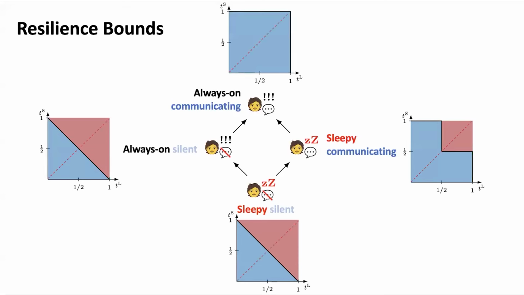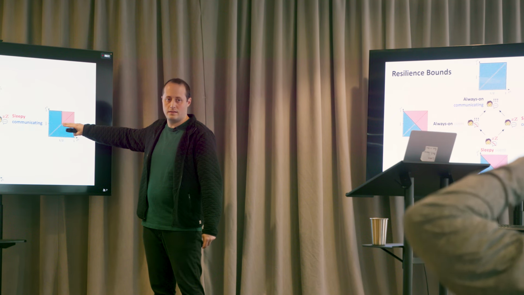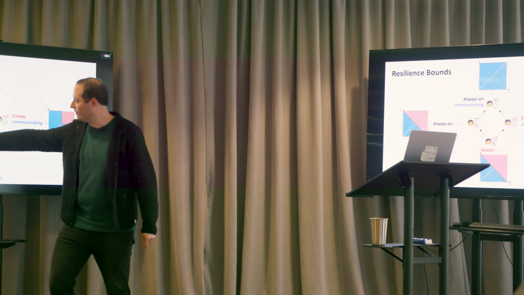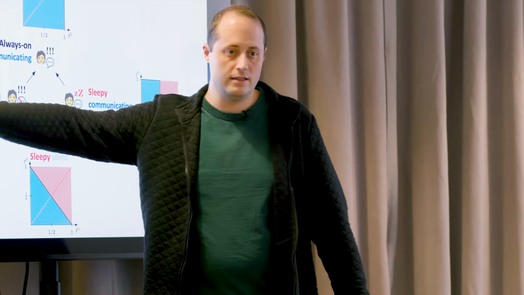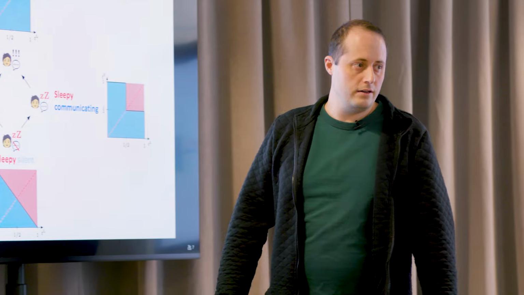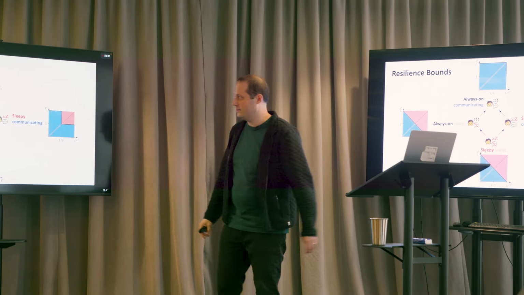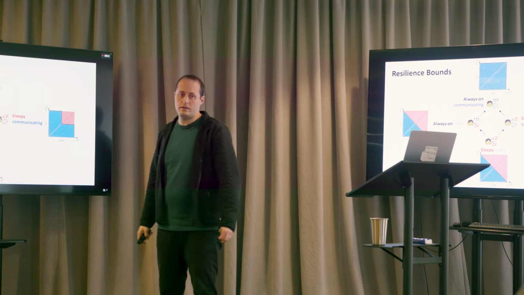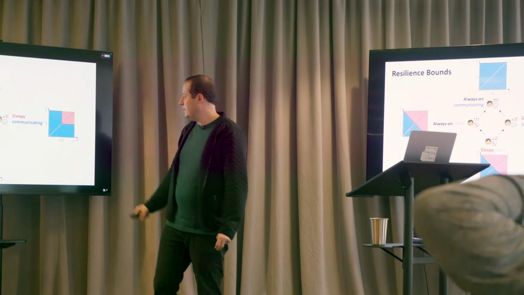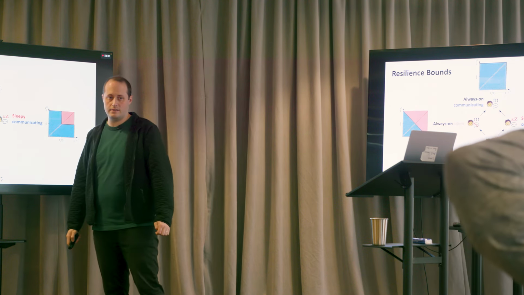Previously, we were looking at the maximum achievable point on this diagonal, and that's 49, 49, and 49, and 99 here. But once we do this decoupling in safety and liveness resilience, we see that actually the region for sleepy and communicating clients is bigger than for sleepy and silent clients.